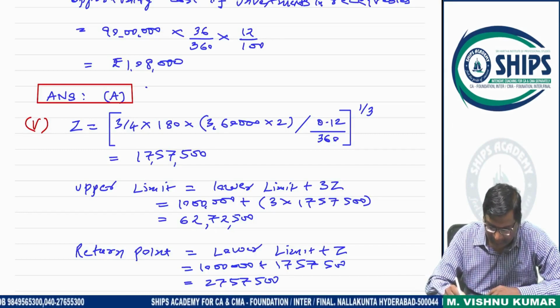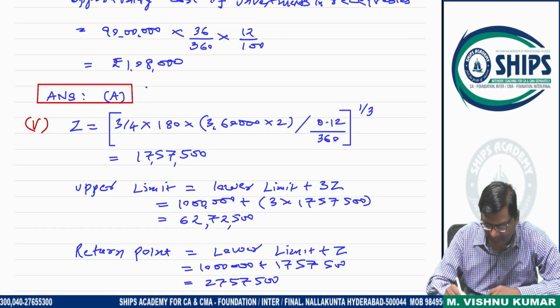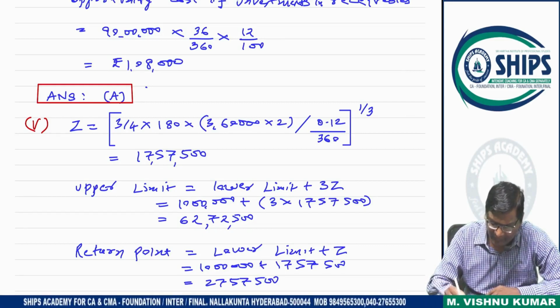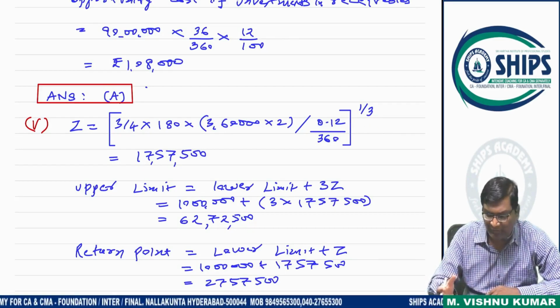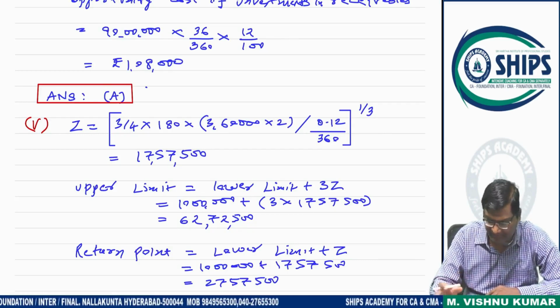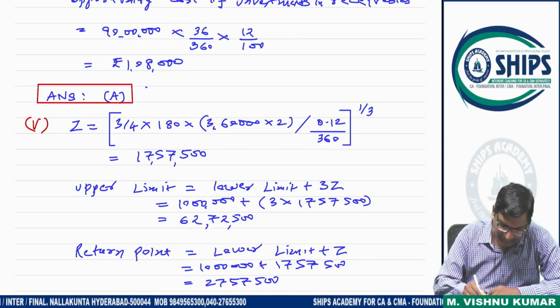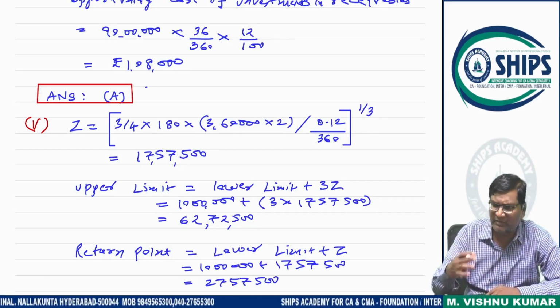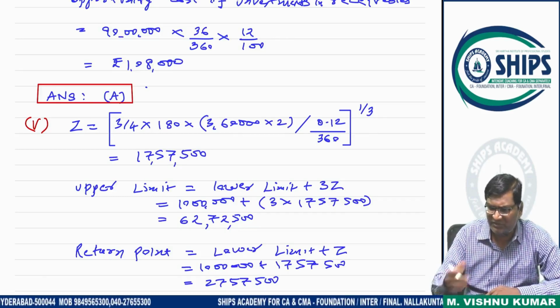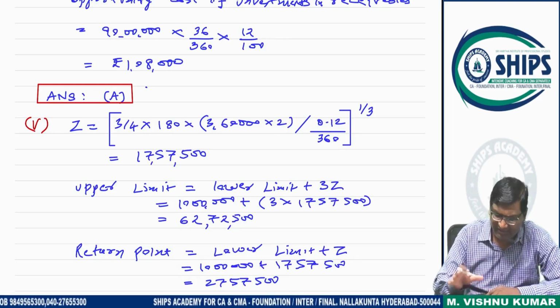Clear? So here you need to use a log table or generally a calculator technique. If you want to know how to calculate this, you have to watch the next video, or in our regular classes this will be explained. So 17,57,500. Actually in the Miller Orr model, a practical question is not justifiable because it is time consuming, so most students will skip this, and this question is lengthy also.